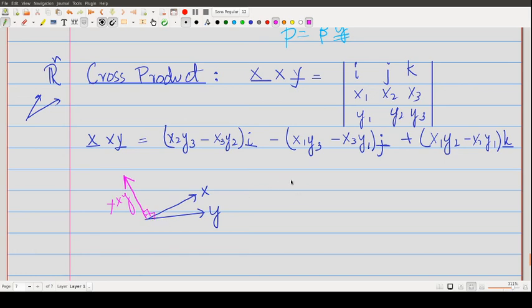So (x cross y) transpose x should give you 0, and (x cross y) transpose y should also give you 0. That is, this vector is perpendicular to vector x and vector y, both of them, right? So this should hold.